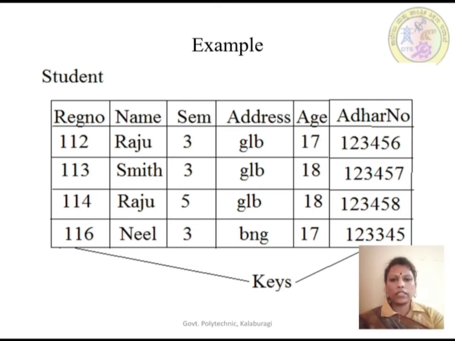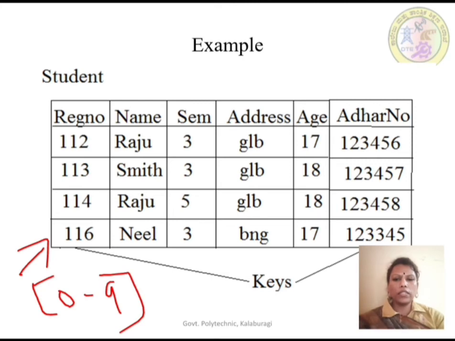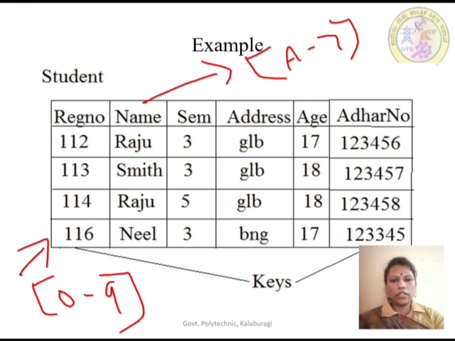It accepts only the digits, right? That is the domain for register number. What is the domain for name here? It accepts only alphabets, that is capital A to Z, small a to z, and a blank character. That is the domain of name.